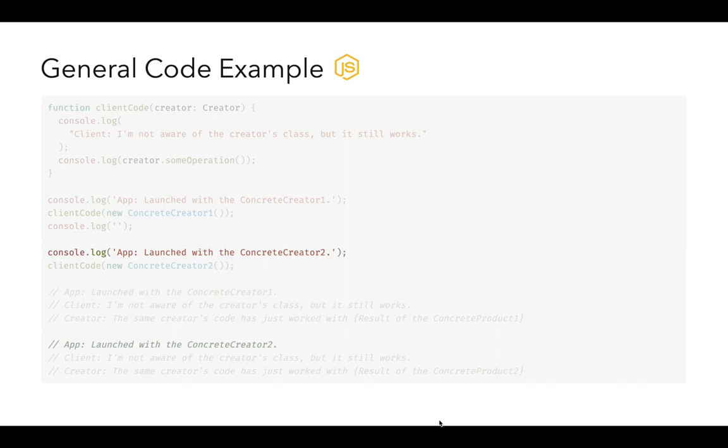Similarly, we will create another instance of the concrete creator two and then log to the console and call the some operation of the creator. Here we are calling the concrete creator two.